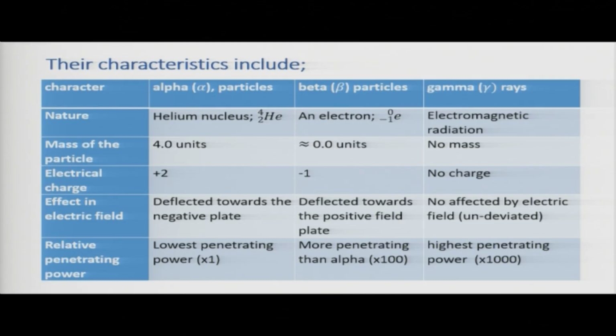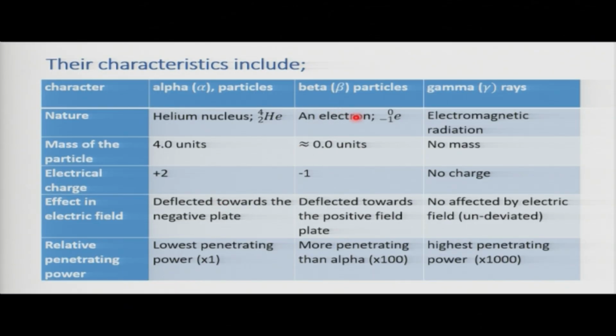It is basically a helium nucleus with mass number 4 and proton number 2. Having proton number 2 indicates it is charged. It has a positive 2 charge. That's why it is attracted to the negative plate in the electric field.